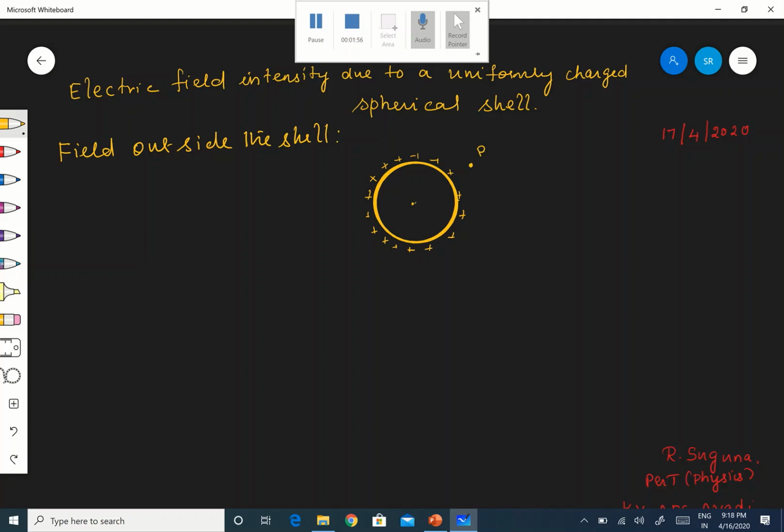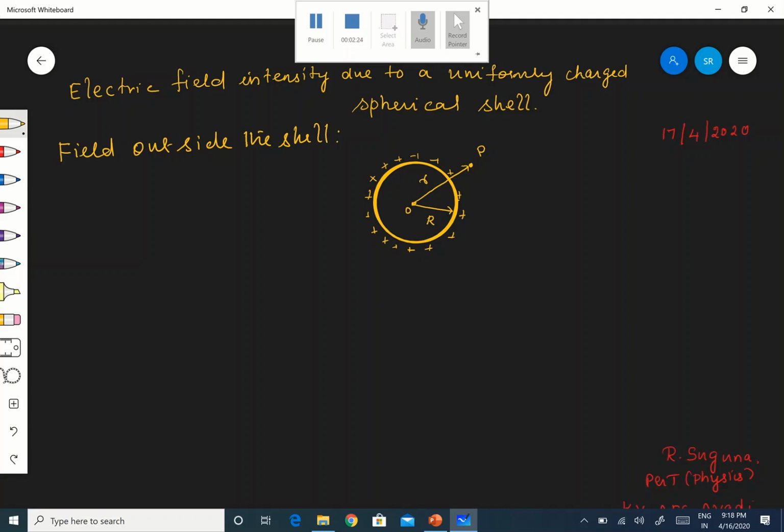Let R be the radius of the shell, and let the center be O. My point of interest is at a distance, small r, which is the distance of the point concerned.